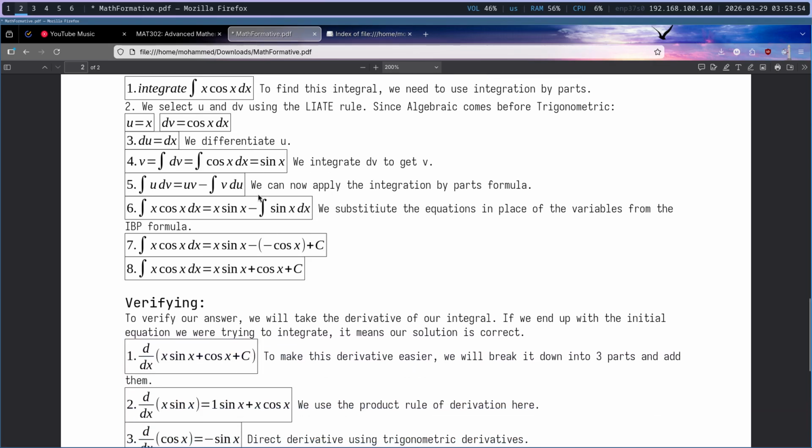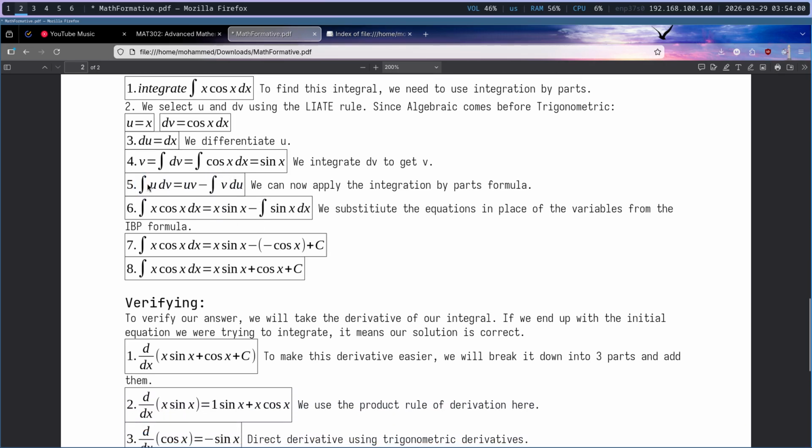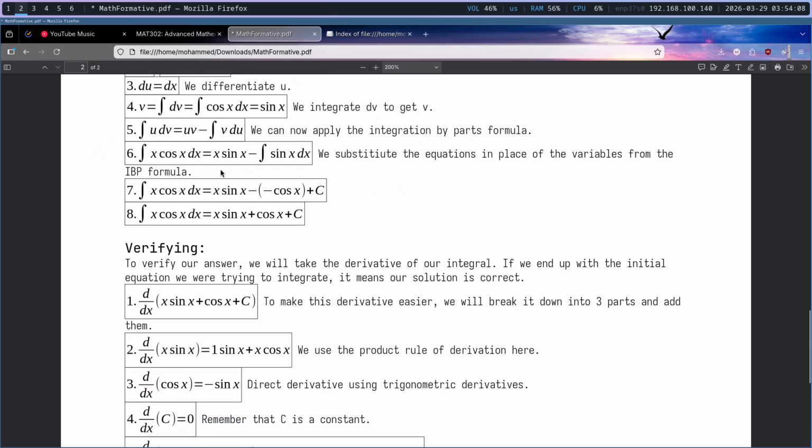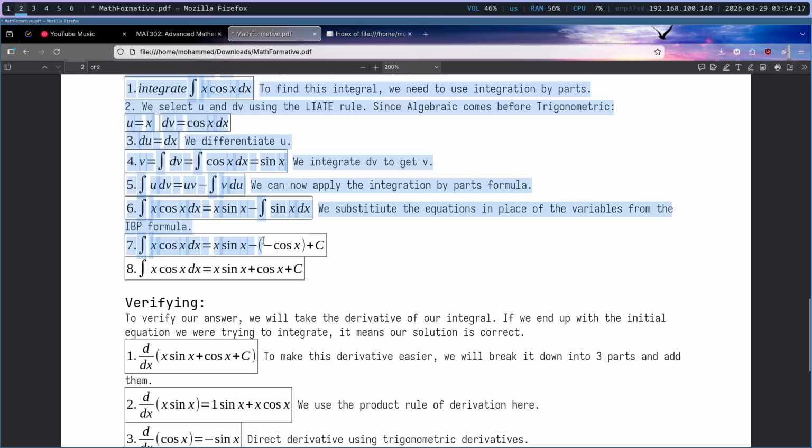Now to step number 5, what we do is just apply the integration by parts formula, which says that the integral of u dv is equal to uv minus the integral of v du. And in number 6, we can see this in action. We just substituted everything, and in step 7 we did the second integral.